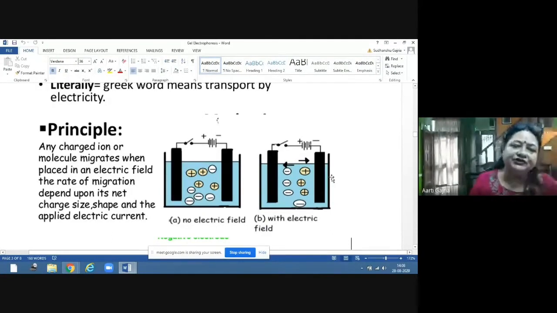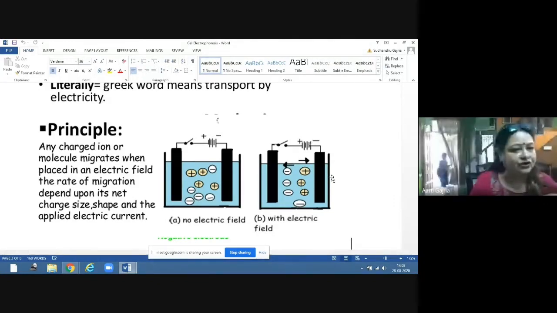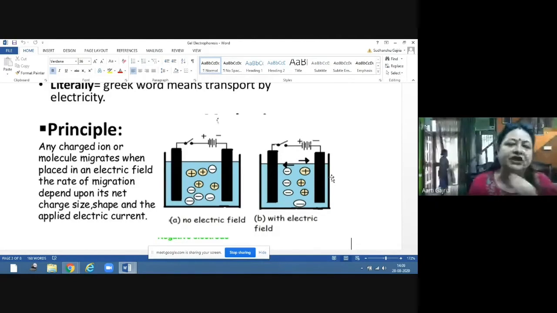Here the medium is agarose gel, and when the electric field is applied, the DNA fragments move towards the anode because they are negatively charged.